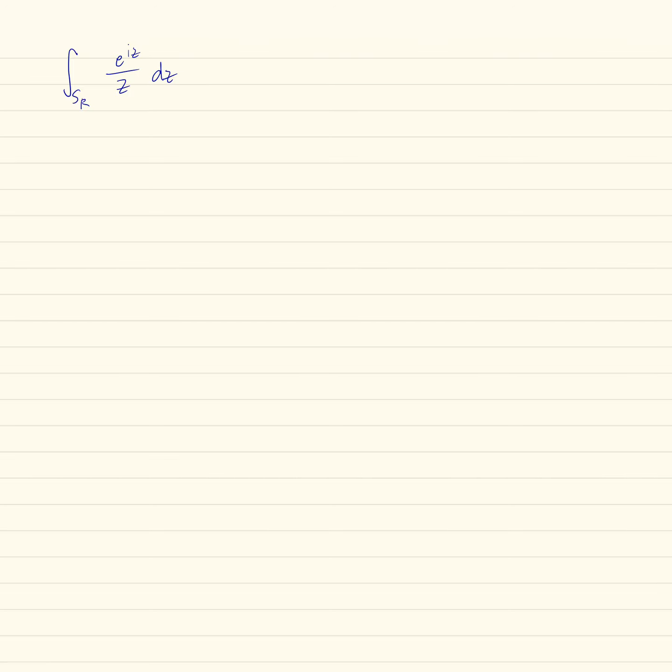Well, this is exactly what we did before. So we show that, remember we can take S_R and split it up into the part here is A, and then here is B, right?